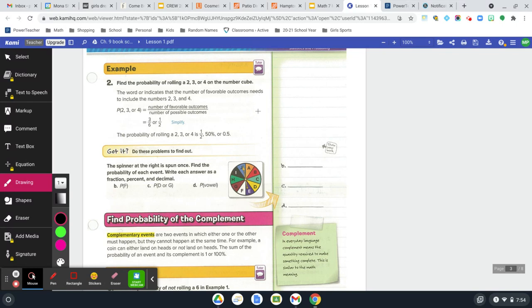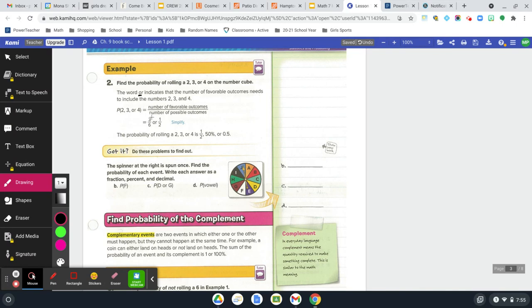Example number 2. Find the probability of rolling a 2, 3, or 4 on a number cube. So the word or indicates that the number of favorable outcomes needs to include the numbers 2, 3, and 4. So for the number of favorable outcomes, we could roll a 2, we could roll a 3, or a 4, which means that's 3 possible favorable outcomes there.